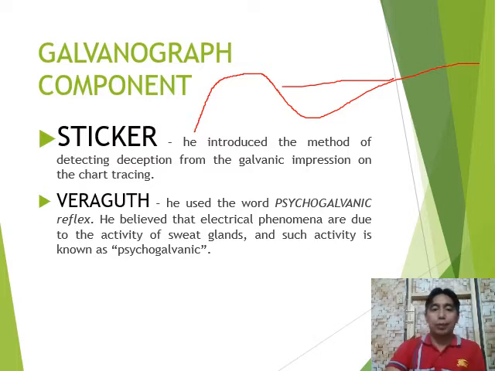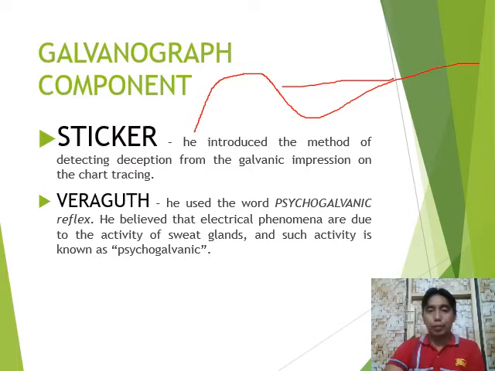And then Biragot, he used the word psychogalvanic reflex. He believed that the electrical phenomena are due to the activity of sweat glands, and such activity is known as psycho. So why there is an electrical phenomena in our body is because of the sweat glands.